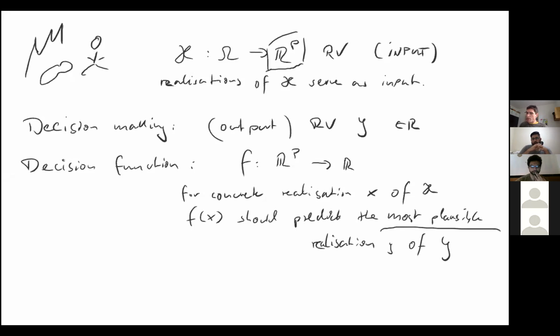To that end, we need a kind of function that measures this deviation, and this function was called the loss function.